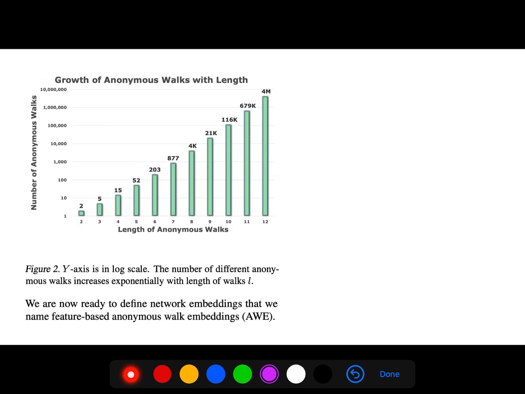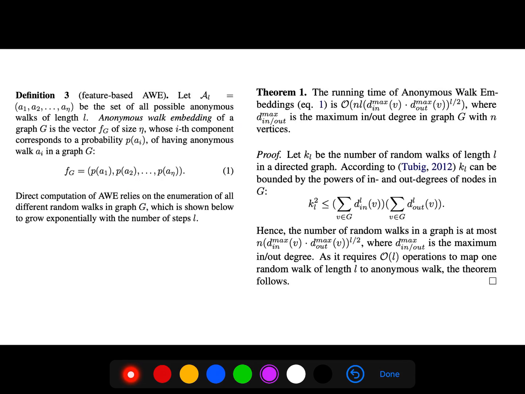So when the length of anonymous walk grows, the number of anonymous walks grows as well. And the running time of anonymous walk embedding is of this order.